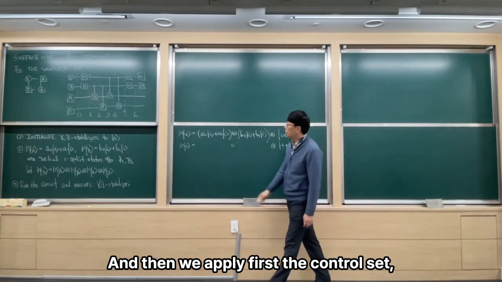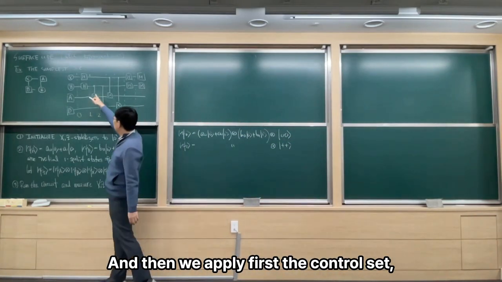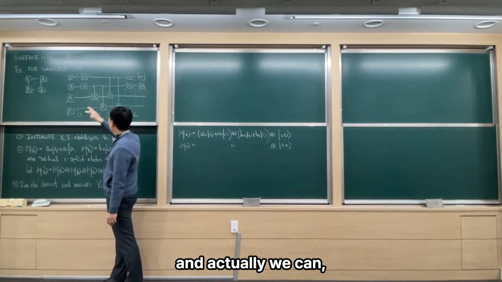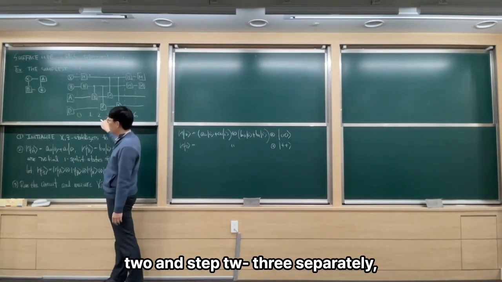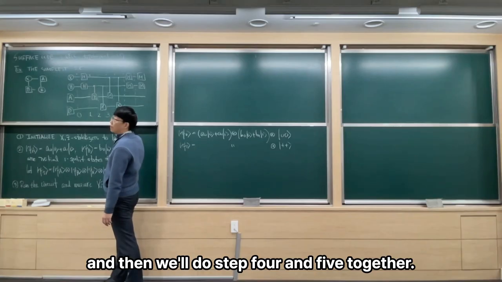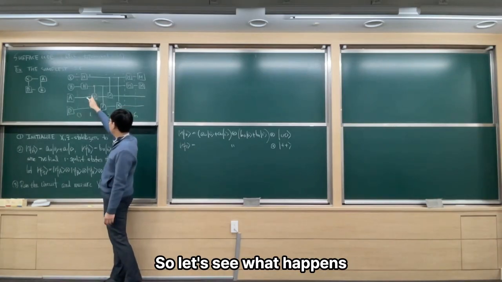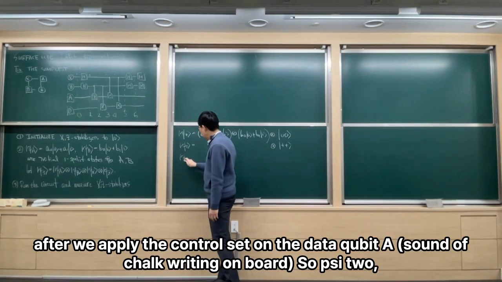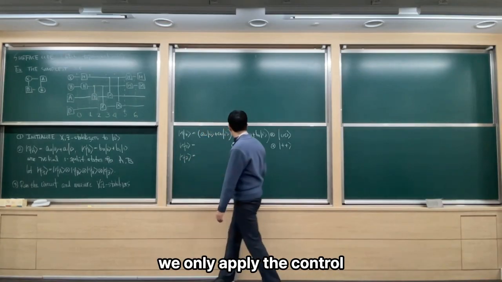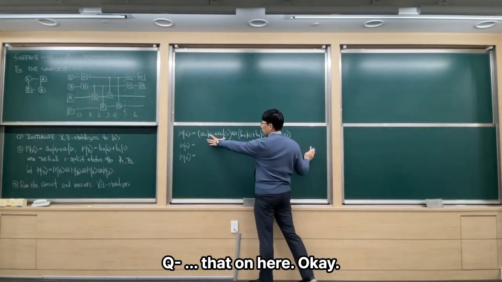Right? And then we apply first the control Z. Okay, so let's do step 2 and step 3 separately, and then we'll do steps 4 and 5 together. So let's see what happens after we apply the control Z on the data qubit A. So for psi 2, we only apply the control Z here.